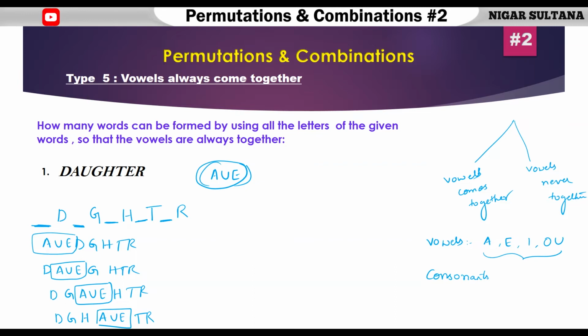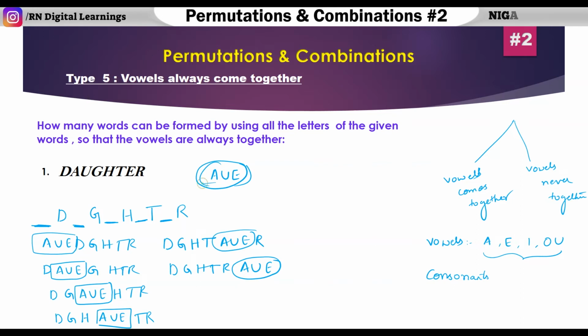We can place the vowels here: D, G, H, T, A, U, E, R. Now D, G, H, T, R, A, U, E. So how many ways can we place this together? 1, 2, 3, 4, 5, 6. Right? So this is my 6 ways of placing the vowels always together. This is my 6 factorial.